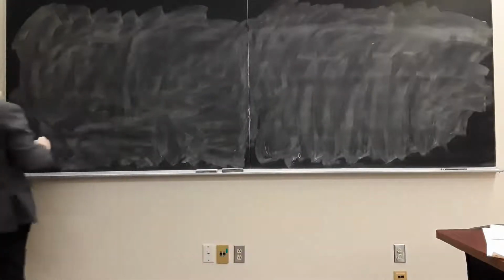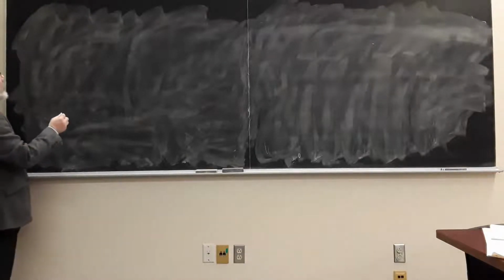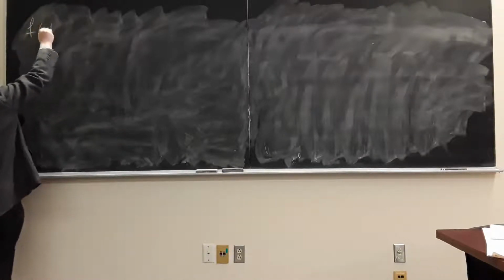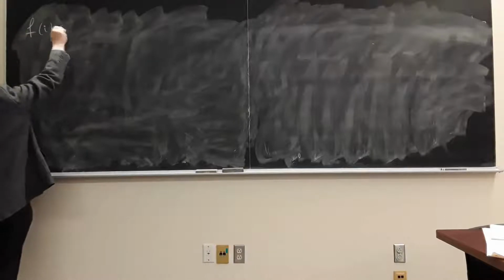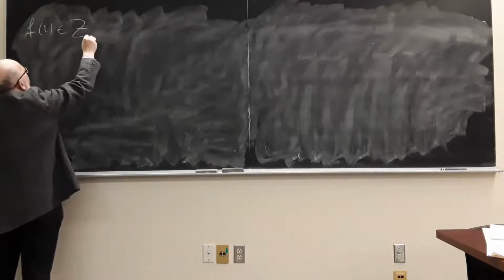So again, we have two sorts of objects. One are the functions f of I, which are in Zn.